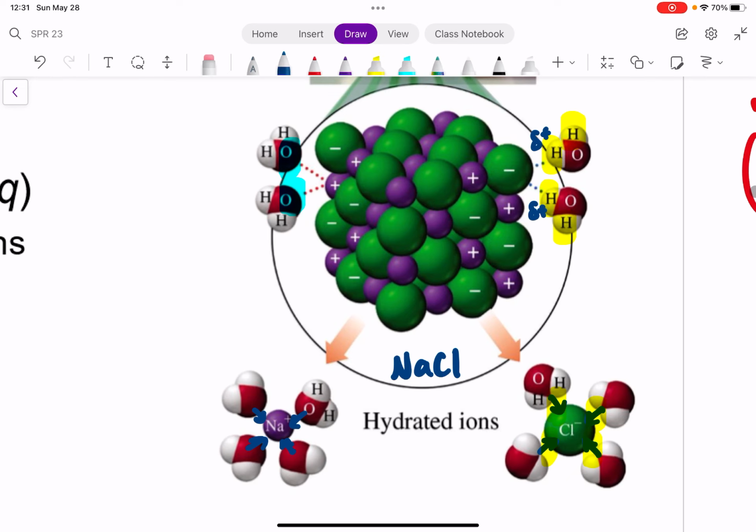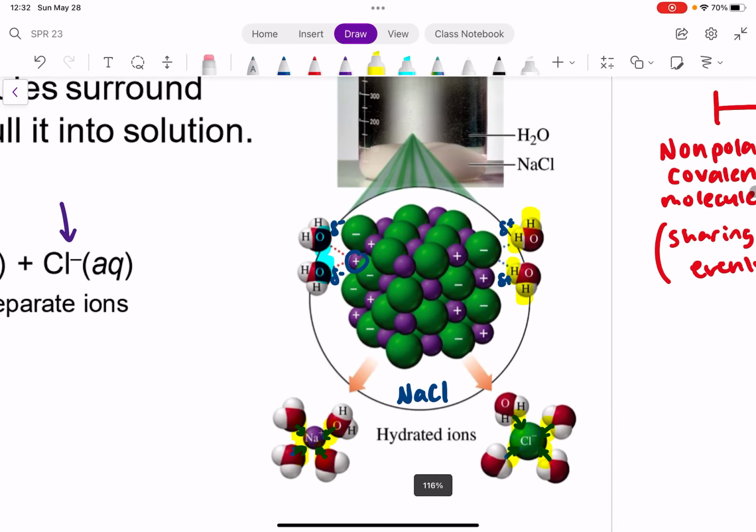Likewise, with the sodium ions, we're going to have that partial negative charge on our oxygens being attracted to that full positive charge on sodium. And the same idea, they're going to surround that sodium ion. And that's what's causing that NaCl crystal, that solid, to dissolve in water. It's breaking up into its individual ions. Pretty cool stuff.